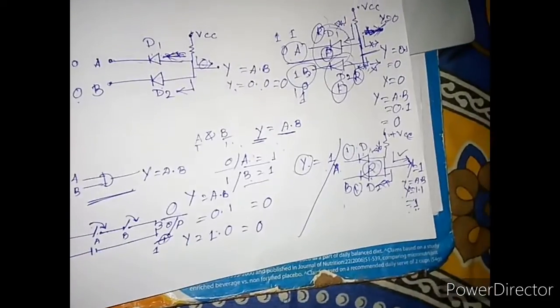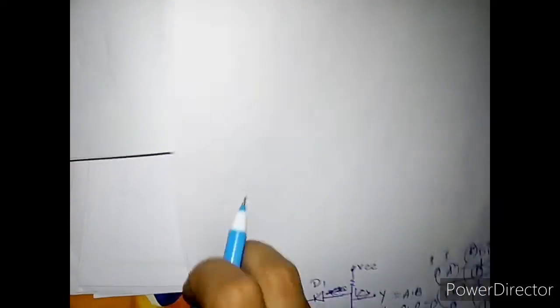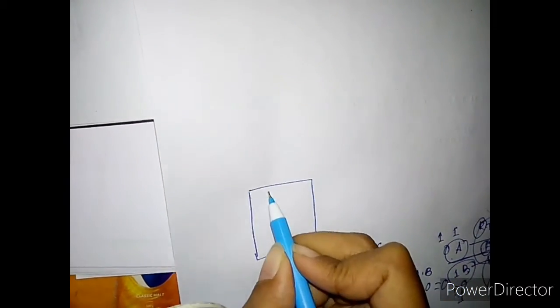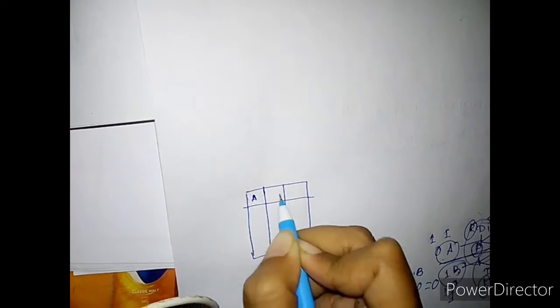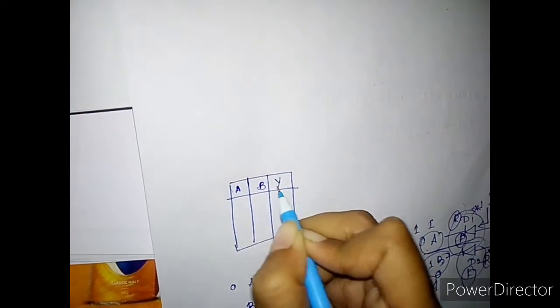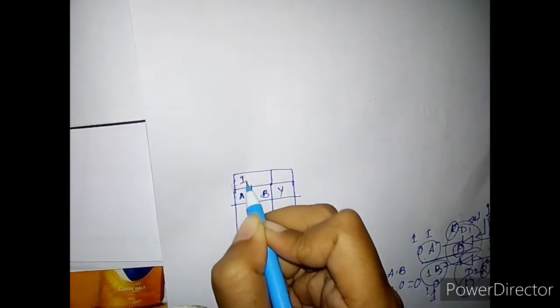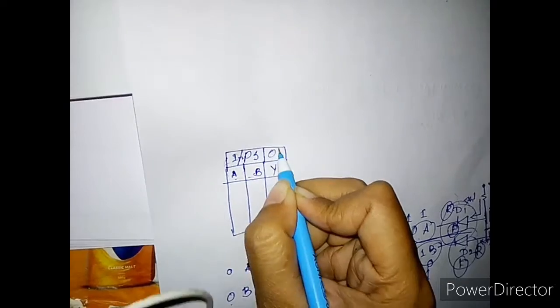From this we get the truth table of the AND gate. Truth table for the AND gate: A and B are two inputs and Y is one output.